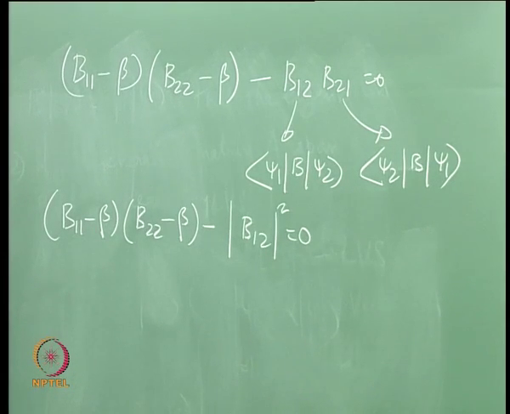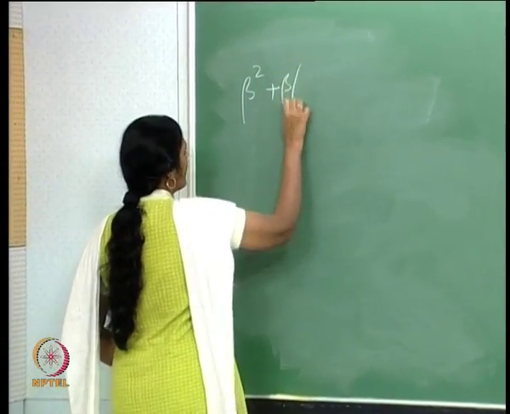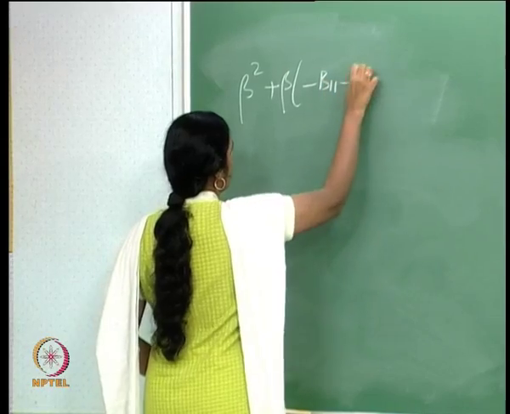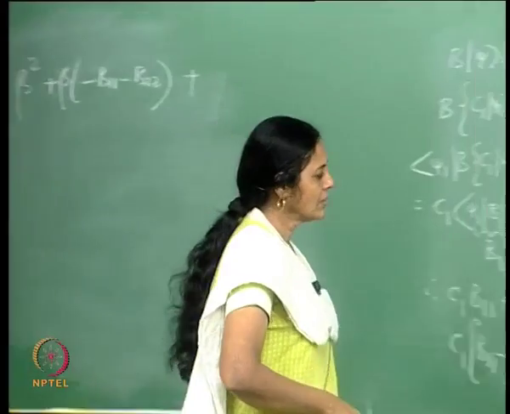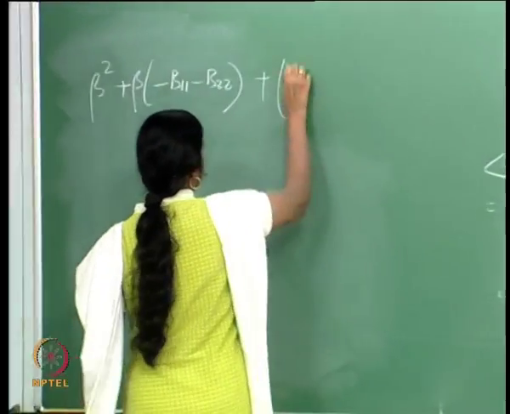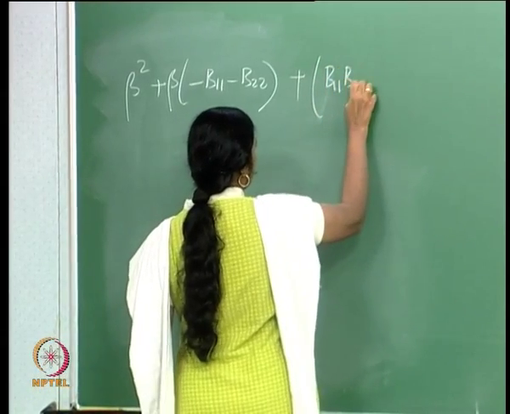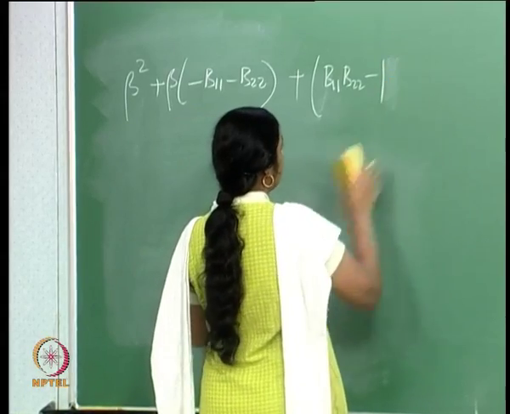This is the equation I have to solve, and it is a quadratic in beta, so I will have two roots: beta squared plus beta times minus B11 minus B22 plus B11 B22 minus modulus of B12 the whole square.